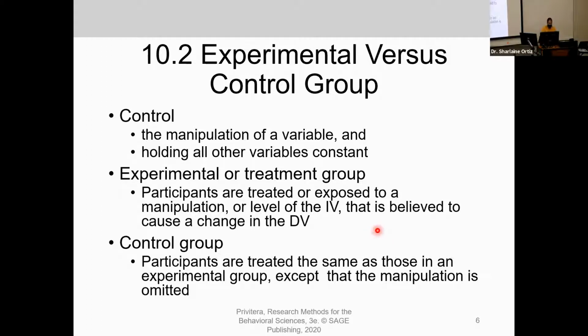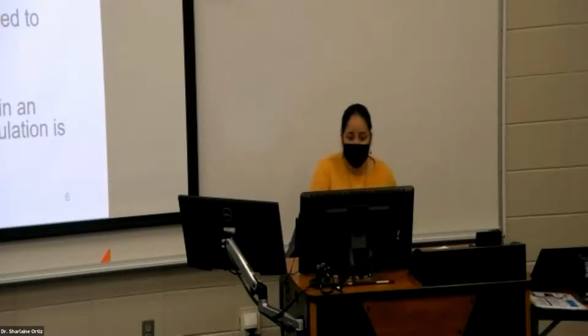It could be medication. It could be whatever aspect I am able to manipulate. Why do we hold everything constant? Because we want to be able to ascertain whether or not those changes were caused by the manipulation. So any questions about that? Good deal.